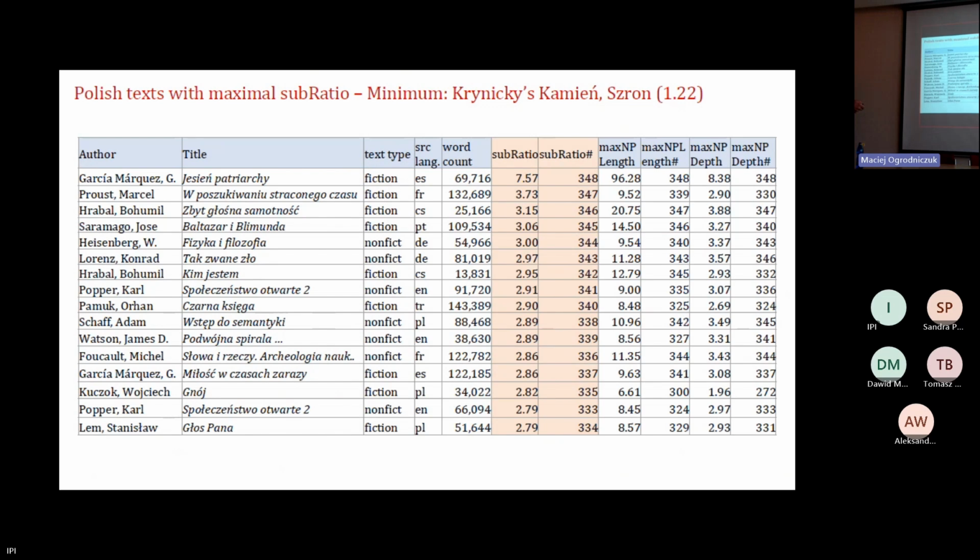It has 7.5. This is the average over all sentences, and with that goes also the maximum NP length, almost 100 words, and also the depth. It's more than 8. And here you have the rank again.